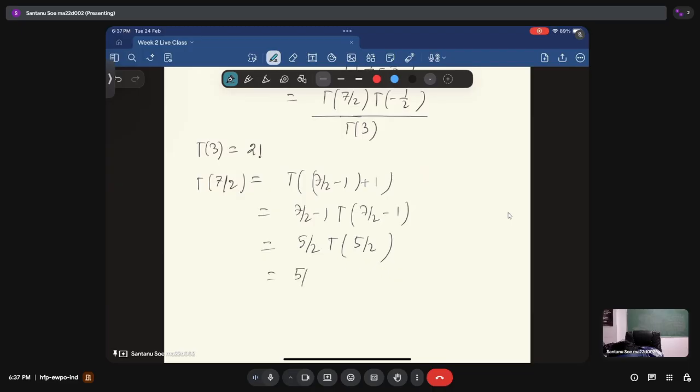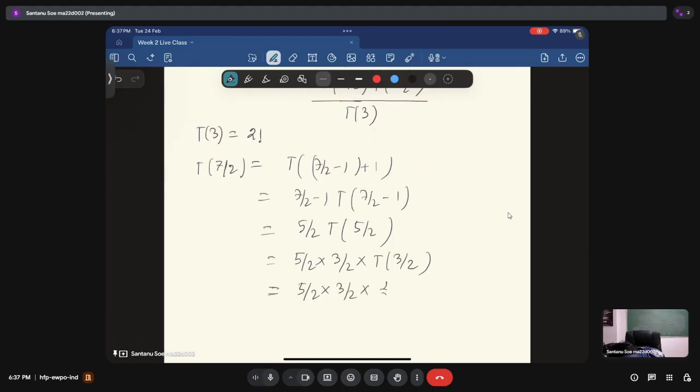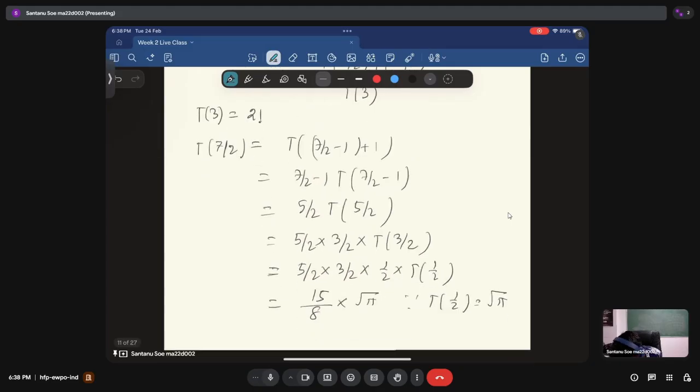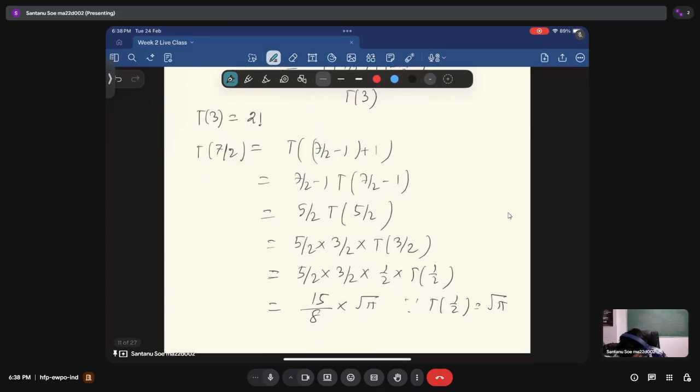So this will be 5 by 2 into 3 by 2 into gamma of 3 by 2, and then 5 by 2 into 3 by 2 into 1 by 2 into gamma of 1 by 2, and gamma of 1 by 2 is root pi. So this will be 15 divided by 8 into root pi, as gamma of 1 by 2 is root pi. Correct. Now what about gamma of minus half?